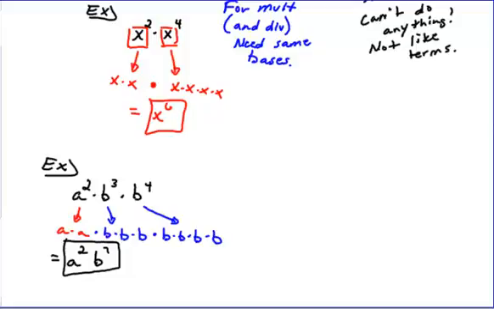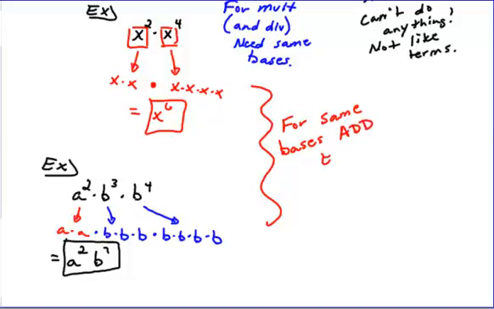So when you're multiplying, for same bases, I'm writing the bases again because that's really significant, guys. When you have the same bases, add your exponents. And that's when multiplying.